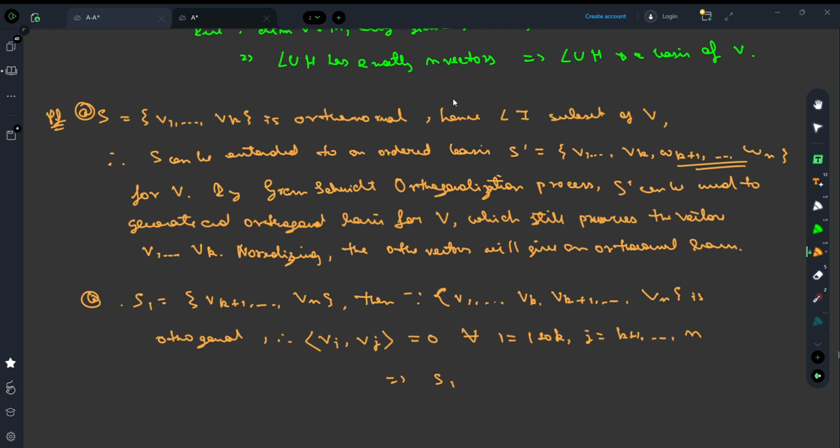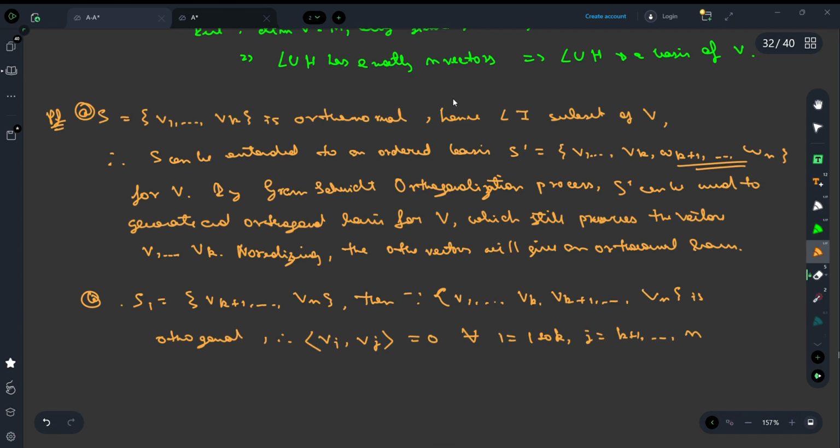But that readily means that every vector in S1 is orthogonal to every vector V1 till Vk. S constitutes the vectors V1 till Vk. This implies S1 must be in the orthogonal complement of S.